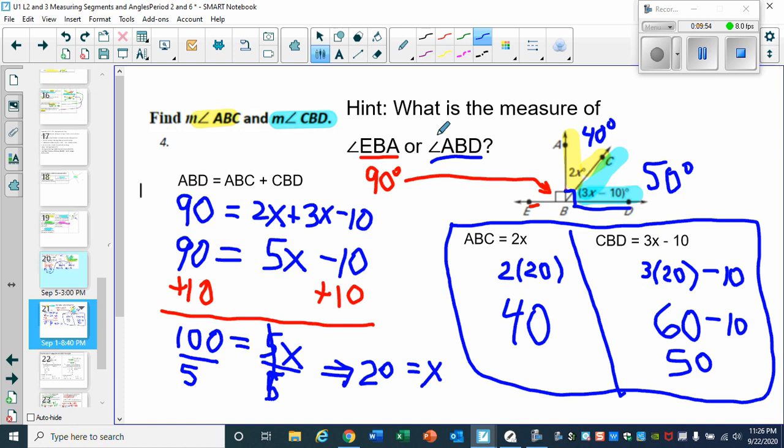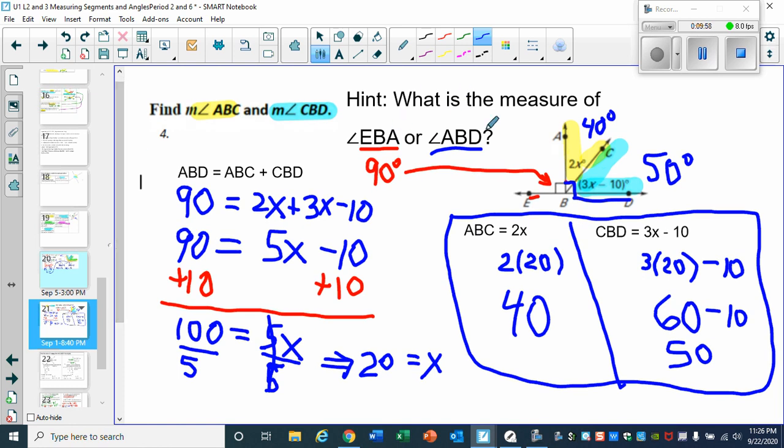Now for number 4. What is the measure of EBA, or ABD? In this case, we're going to focus on ABD because we're looking for ABC and CBD. Now, ABC plus CBD gives us the overall ABD.